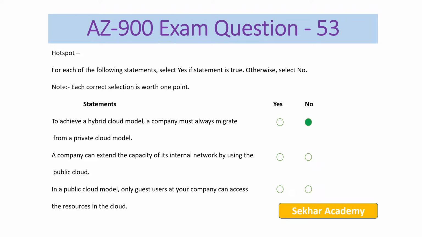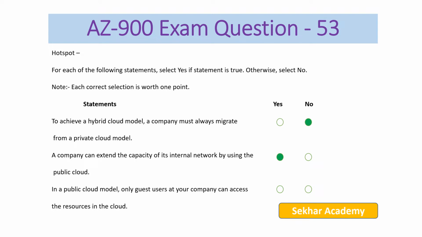The next statement is: a company can extend the capacity of its internal network by using the public cloud. The right answer is here option A, yes. So when workload related data transfer requirements are at risk of exceeding network capacity, the cloud adoption team adds an additional analysis task to the assess process called network capacity analysis.